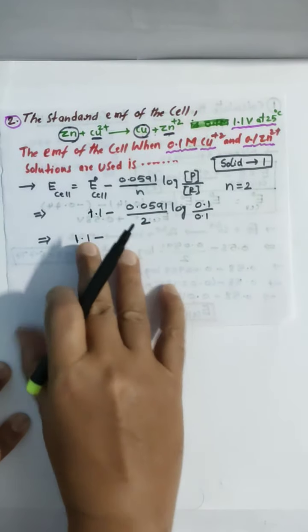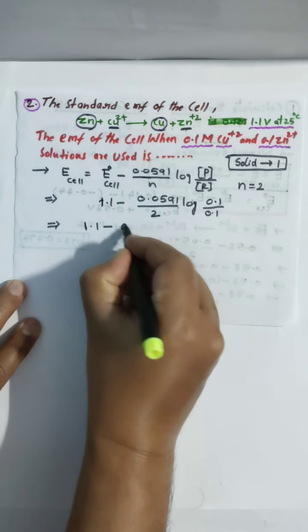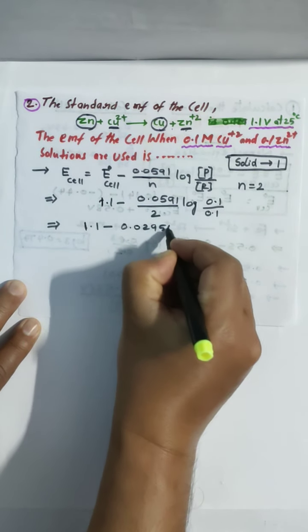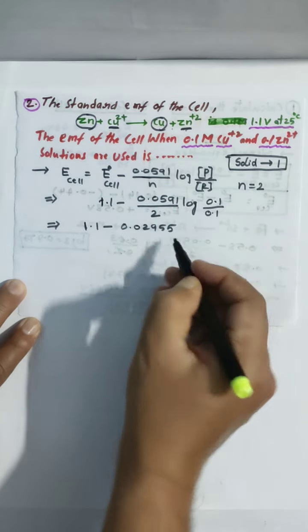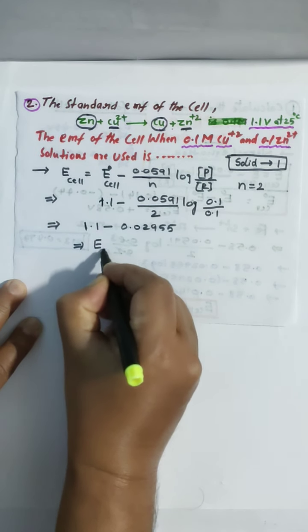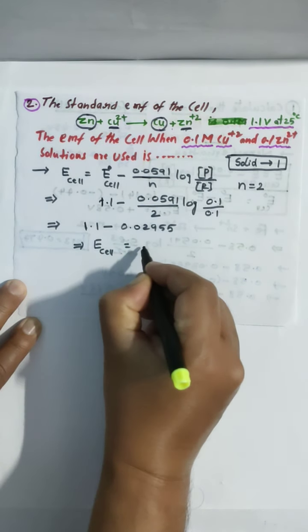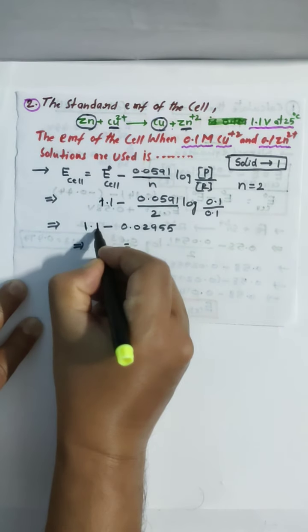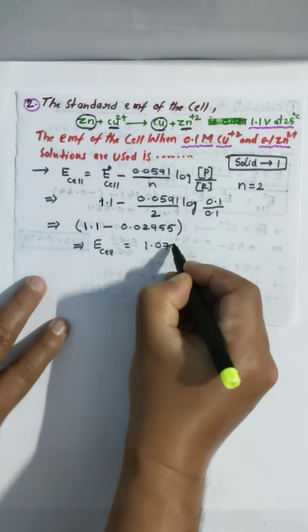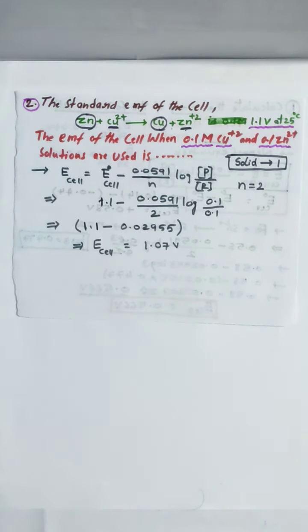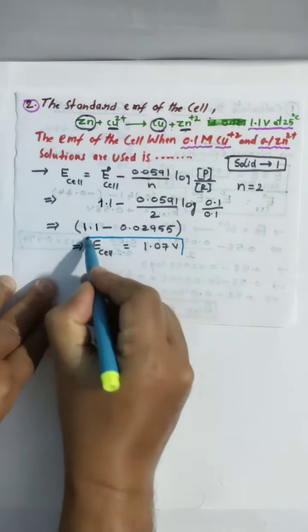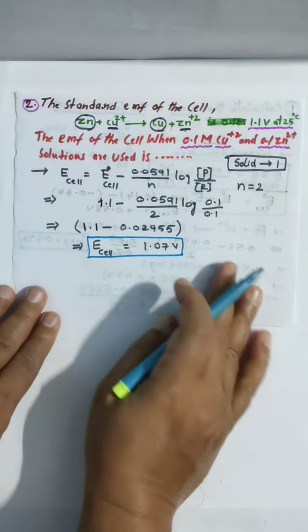So that value I am taking here. This is 1 that you are getting, and the log will get cancelled. Finally you are getting E cell, that is the EMF of the cell, equal to, and if you take the subtraction, you are getting 1.07 volt. This is the EMF of the cell at the given condition. So like this you can solve the problem easily.